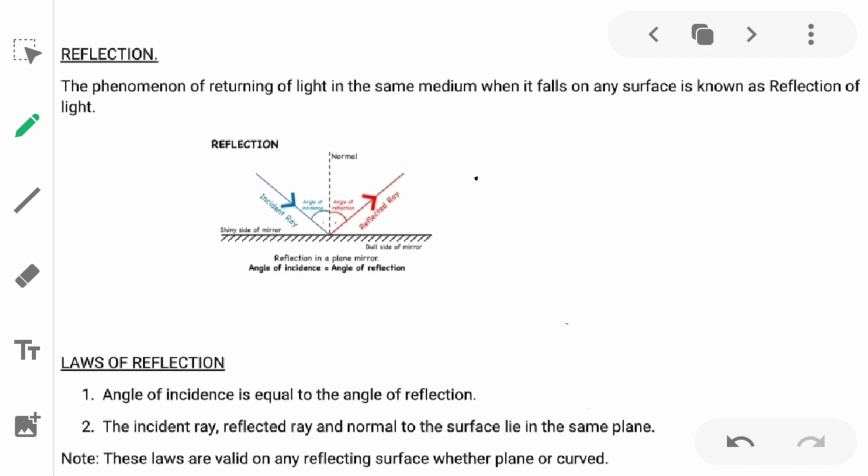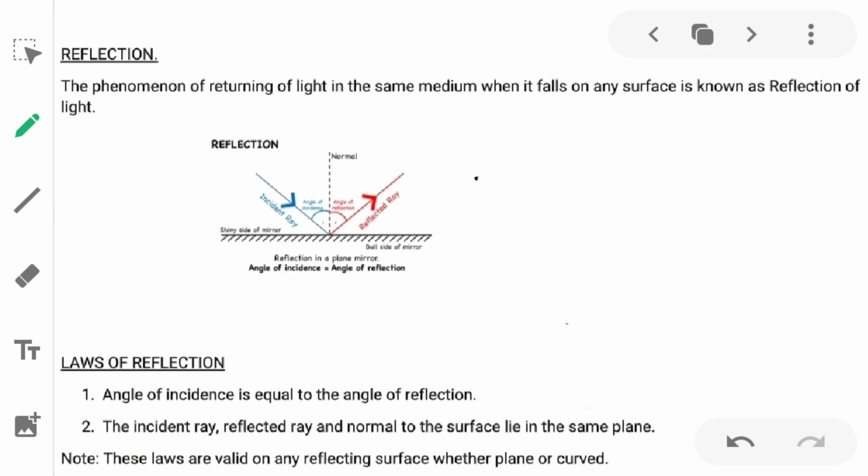In a similar way, when light hits any surface, it comes back into the same medium. So this process is called reflection of light. You can define it as the phenomenon of returning of light in the same medium when it falls on any surface.